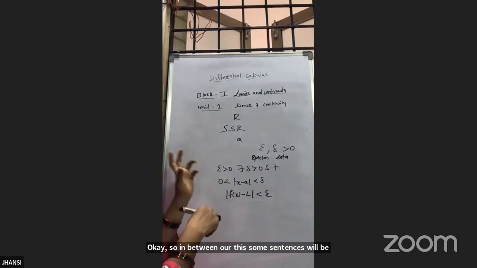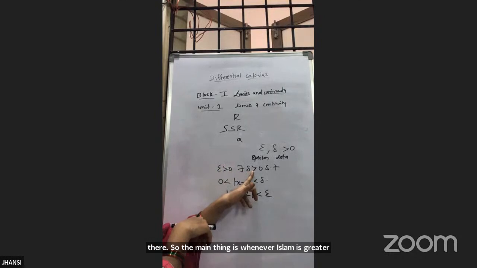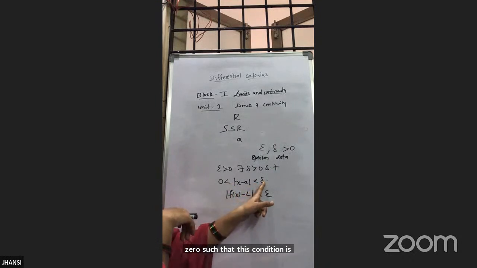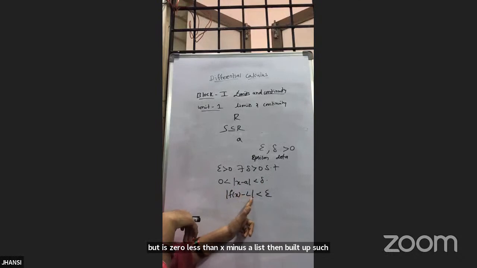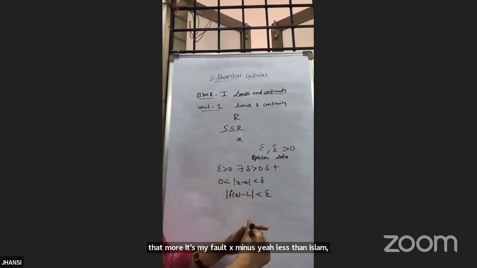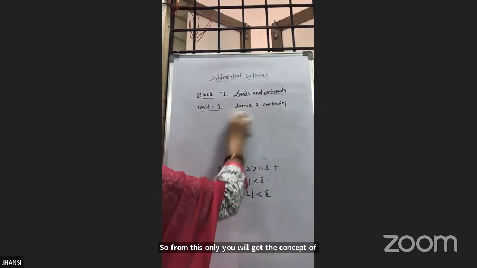The main thing is, whenever epsilon is greater than 0, there exists a small delta greater than 0, such that this condition is satisfied: 0 less than mod x minus a less than delta, such that mod f of x minus L is less than epsilon. This is the definition of the limit. This is the main definition, and from this only you will get the concept of solving the problems.